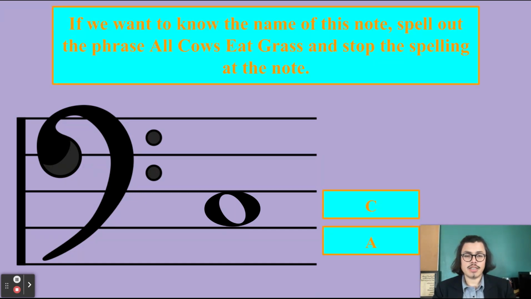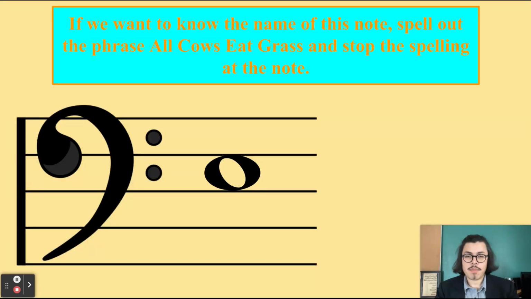This note should be a C. Now remember what I'm doing is I'm saying the phrase all cows eat grass and stopping the phrase when I get to the note. Each word represents a space, which is the space between two of the five lines in the staff.